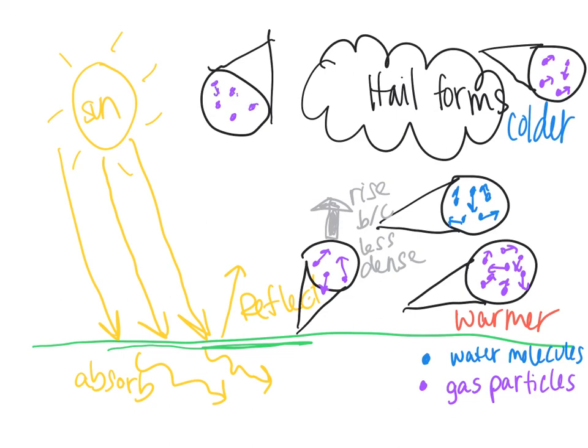So I'm going to draw smaller arrows. This is going to make them more dense, and it will start to sink, which is what we saw with the balloon in lesson 5. So it's going to sink because it's more dense. So that is a recap of lessons 2 through 5 for what we figured out so far.